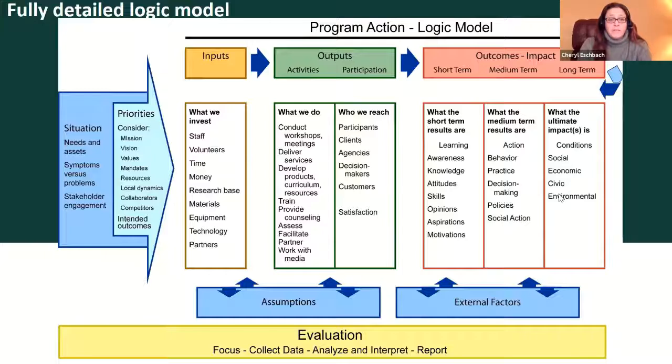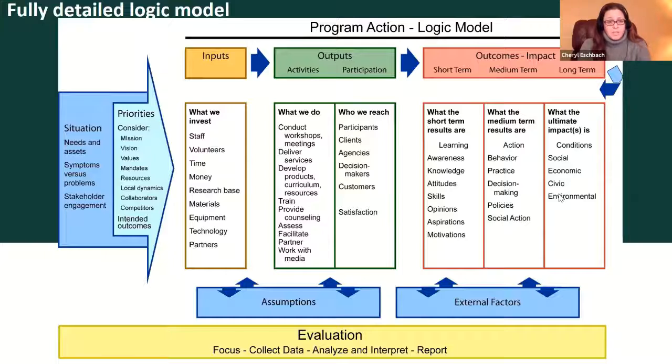And then there can be priorities on top of situations where maybe our extension administration has a certain priority, or maybe the funder has a certain priority. So you can see here, this template is meant to be a guiding framework of thinking through all these elements that can be part of what influences your program logic model.